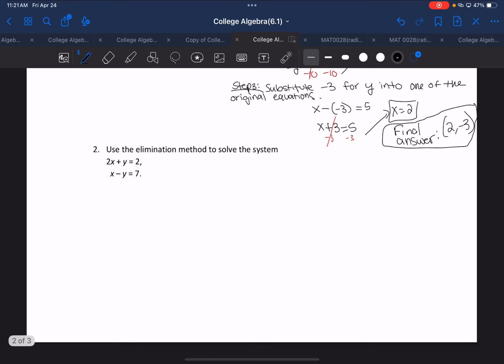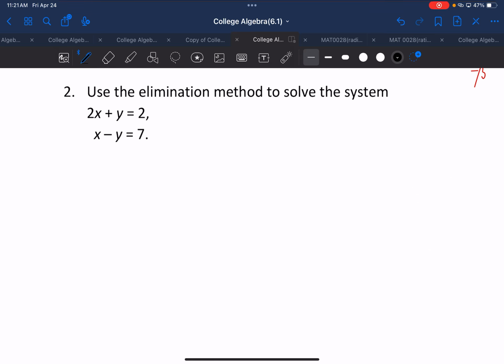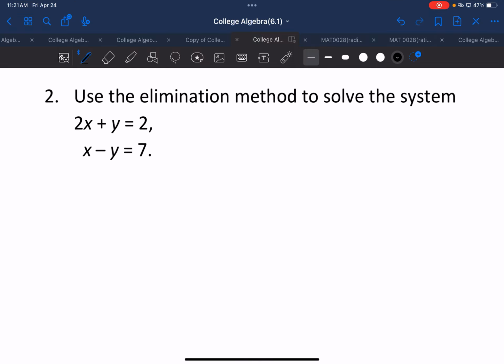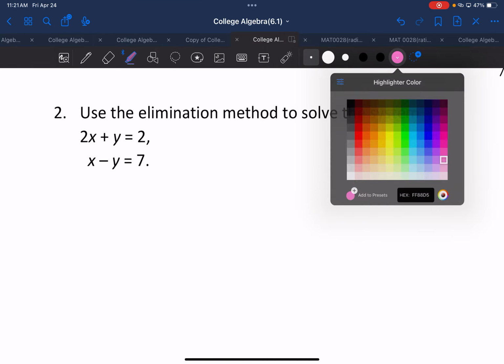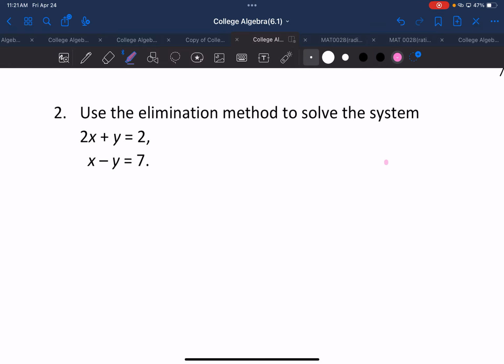But let's see how this works for number 2. So number 2, I already have some additive inverses here because the positive y and negative y, those are additive inverses. They're opposites of each other.